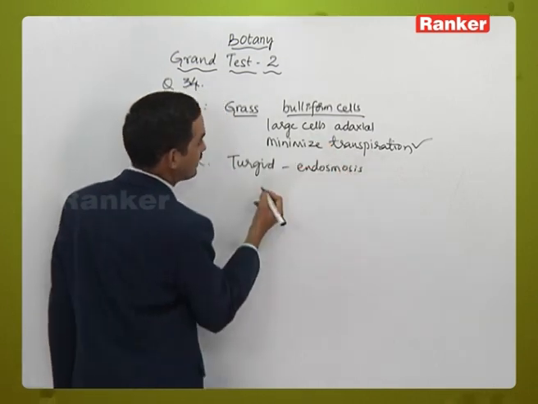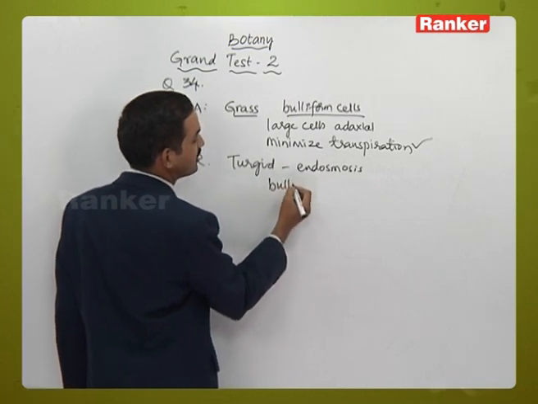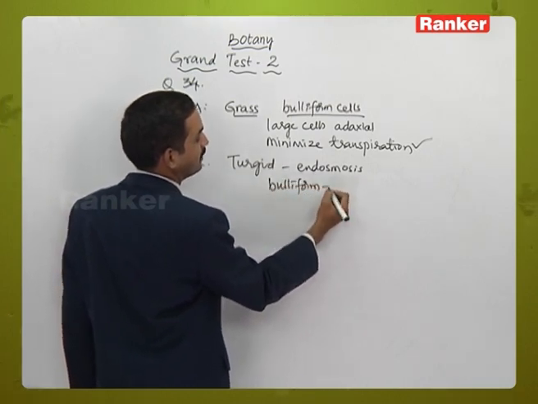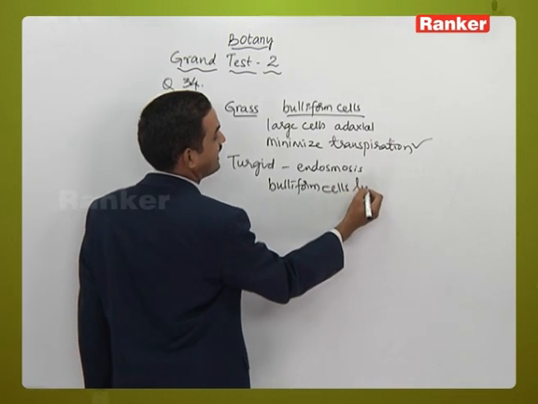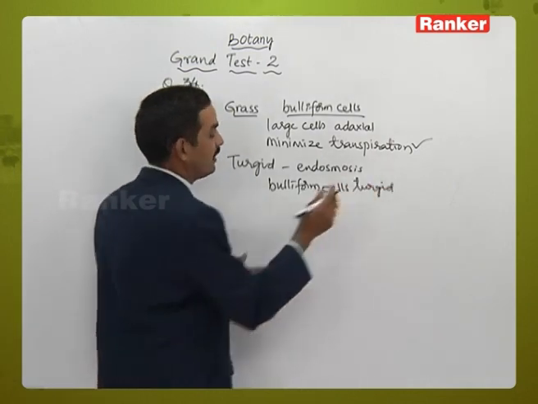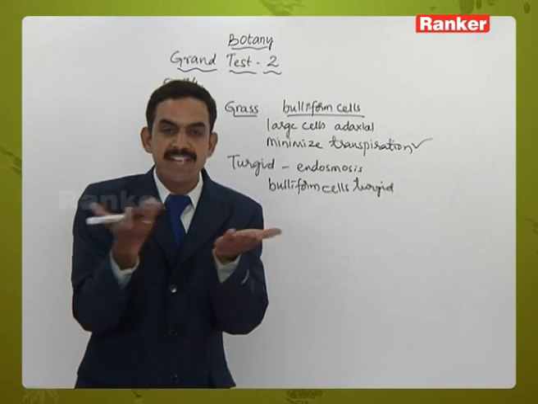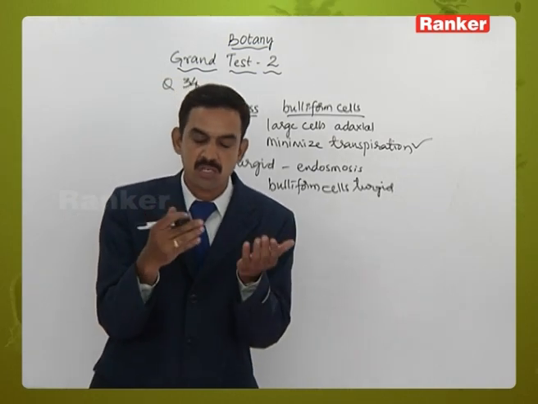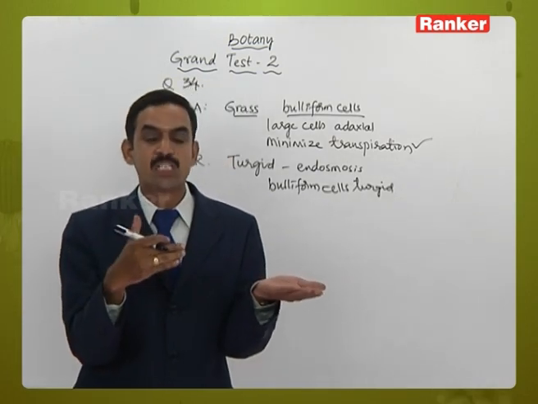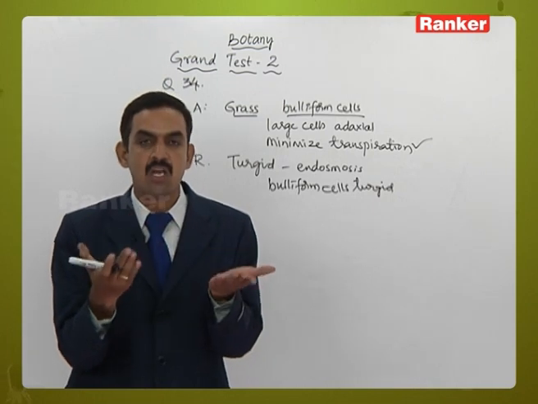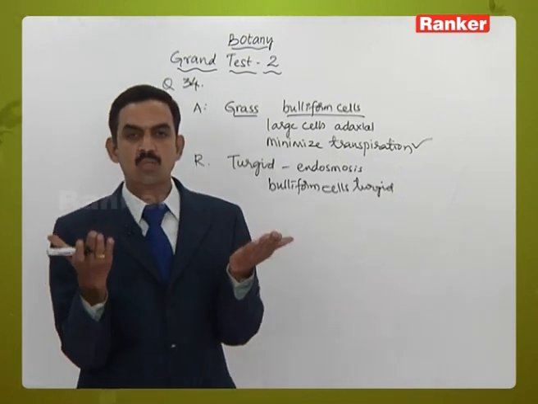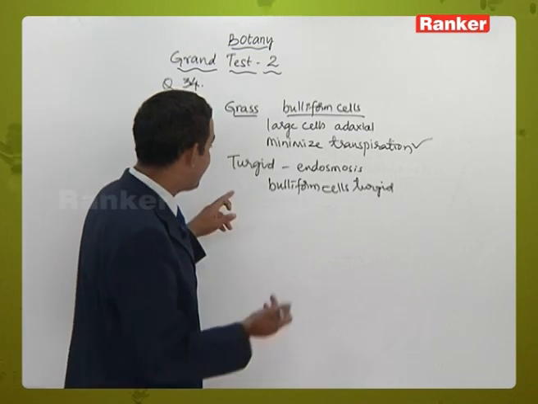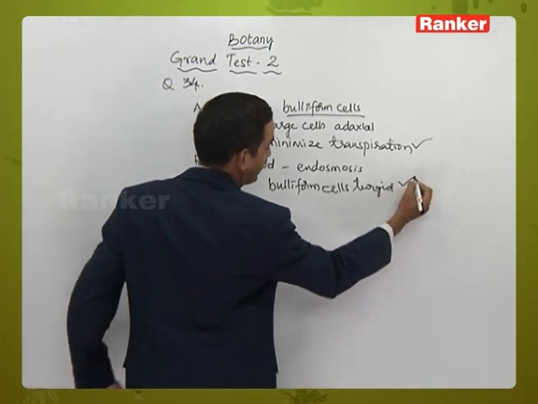So what happened to the size of the cell? The bulliform cells will become turgid. When they become turgid, what happens? They will help in the opening of the leaf, that is, exposure of the leaf surface or lamina surface to the sunlight. So this statement is also correct.